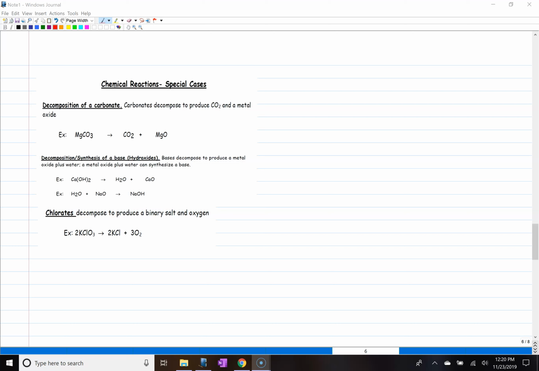These are when we have a polyatomic that's involved. So if we have a carbonate, it's going to decompose to produce carbon dioxide and a metal oxide. Similarly, if we have carbon dioxide and a metal oxide, it's going to form a metal carbonate.